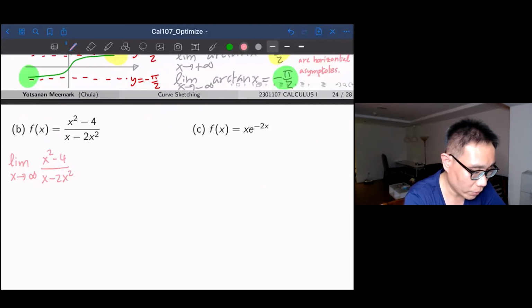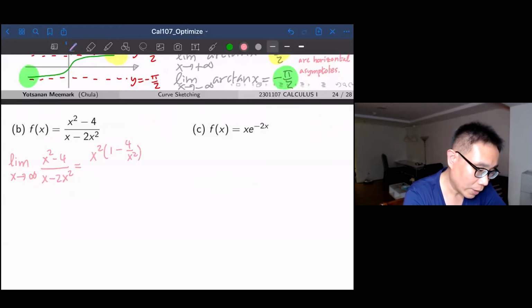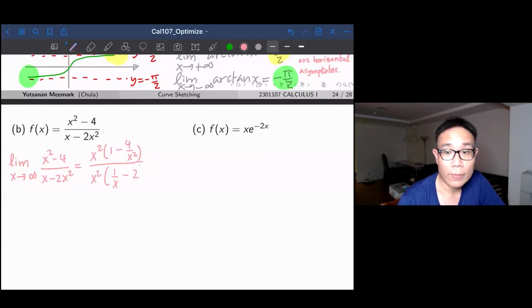The way to do this example is you're not going to simplify this one, you're going to pull out the highest degree. So you pull out x squared: it's going to be 1 minus 4 over x squared on top, and 1 over x minus 2 on the bottom.